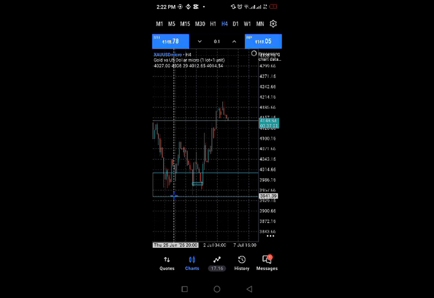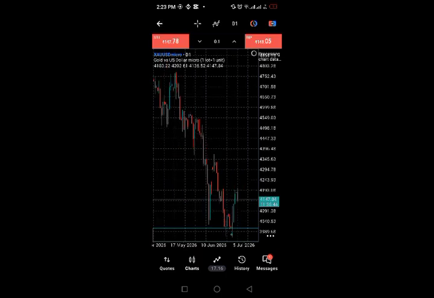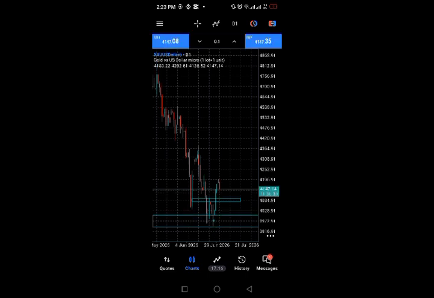As we have seen, this is a retest. Price was in a downtrend, but it has now changed to an uptrend, but we are now on a retest. So probably price wants to come and retest to this point here. One of the ways I trade is support and resistance.